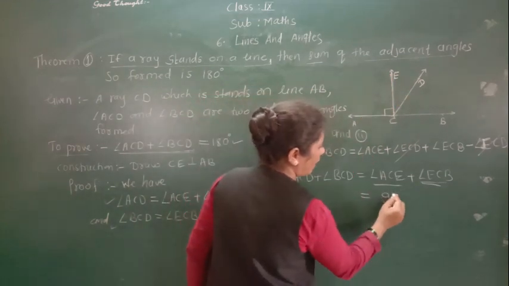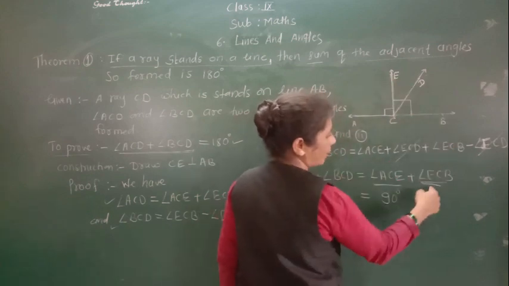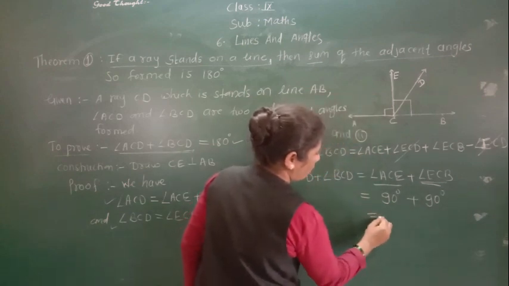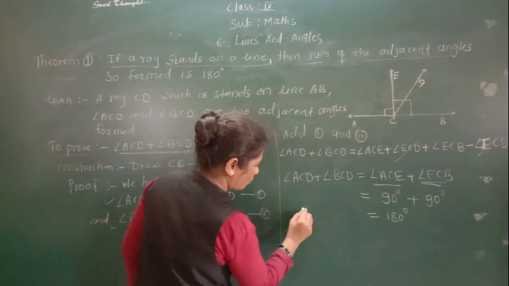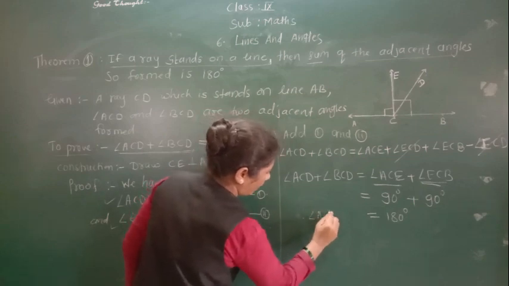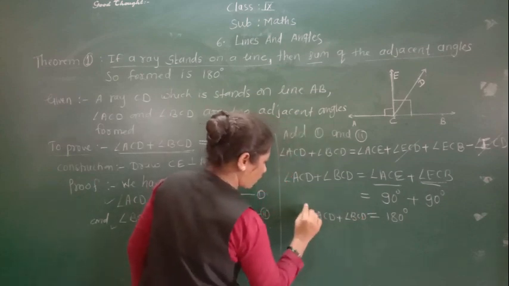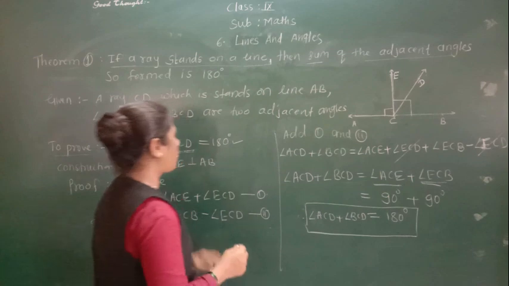So here we will write 90 degrees, and the remaining angle ECB is how much? It is also 90 degrees. So 90 plus 90 is 180 degrees. So angle ACD plus angle BCD equals 180 degrees, and this only we had to prove.